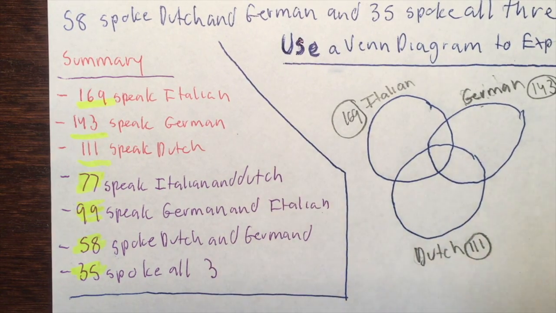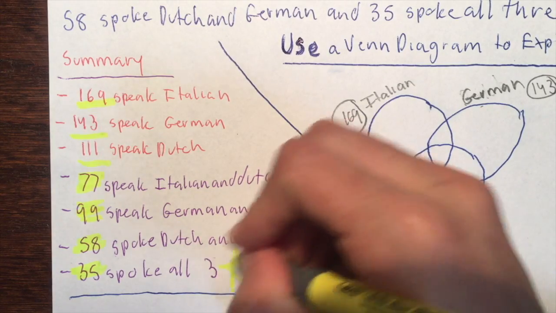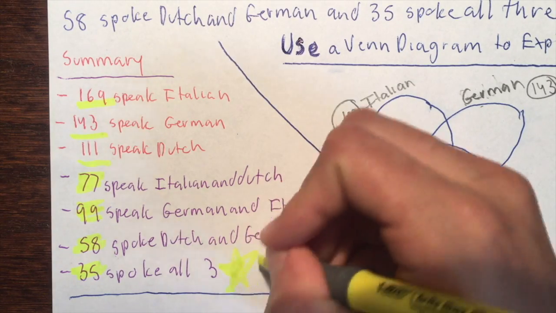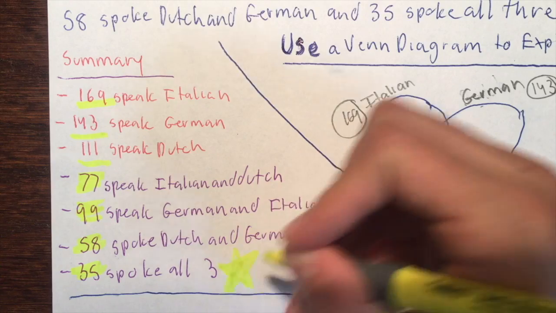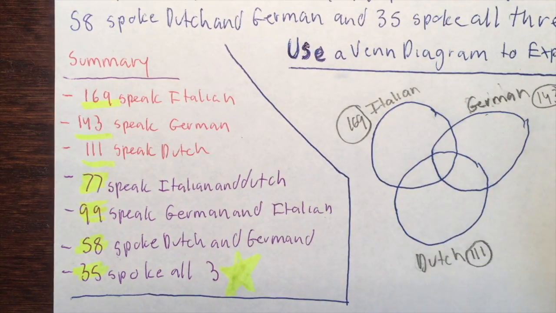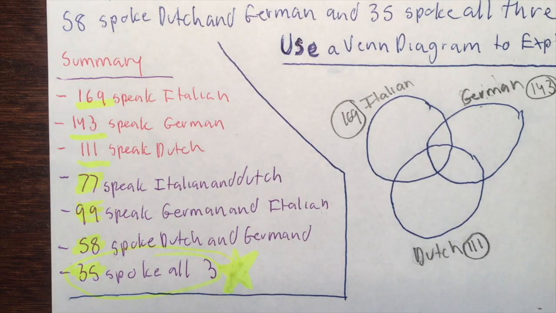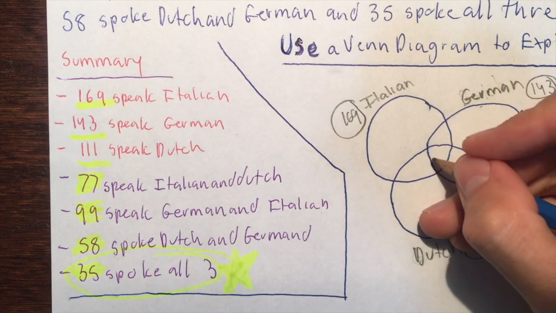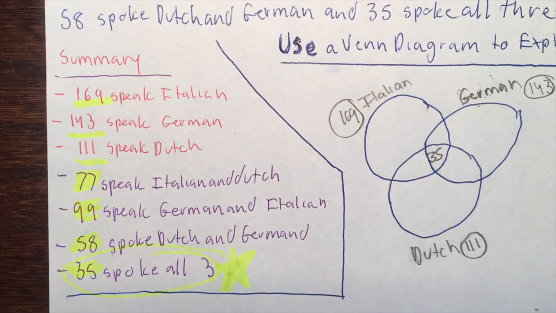When we're doing problems like this, we want to start with the quantity that intersects with all three. In this case, it is 35. So this number goes in here because it connects with all three languages. It's saying that 35 spoke all three languages.